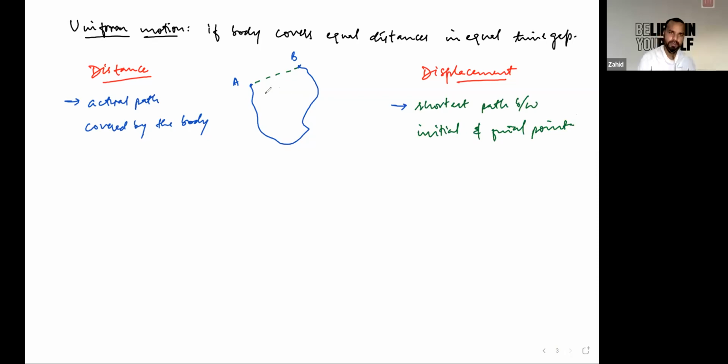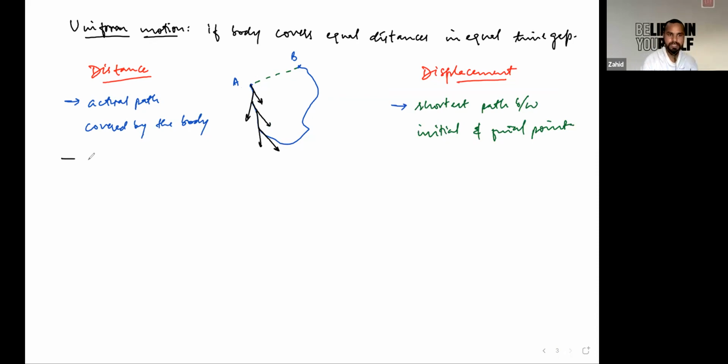Now, you may further distinguish these two. For distance, if you move from A, it will be like this, and so on. For calculating the actual path length of this entire path, the direction of the body would be changing at this point, this point, and so on.